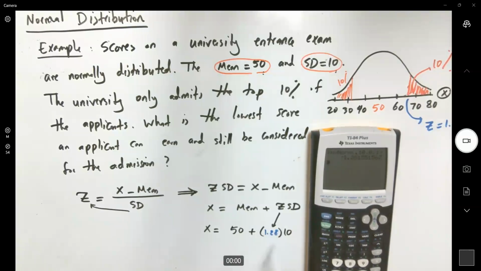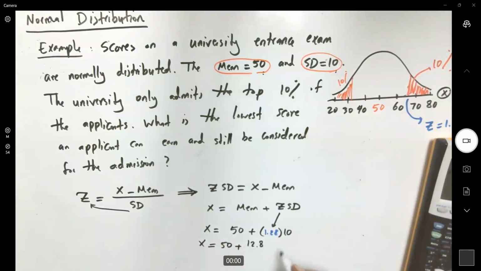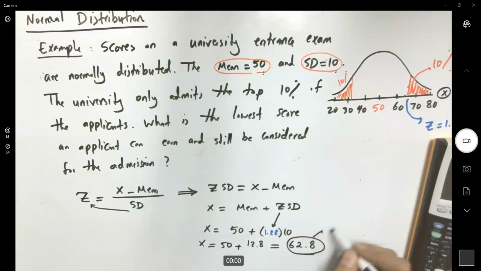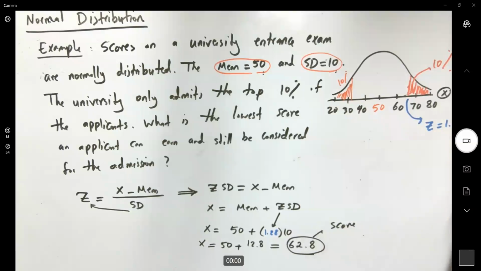This is missing in my calculations. So we find Z and then we find X. X is equal to 50 plus 12.8, or the score that I need is 62.8. This is the score that I need to be considered for the admission.